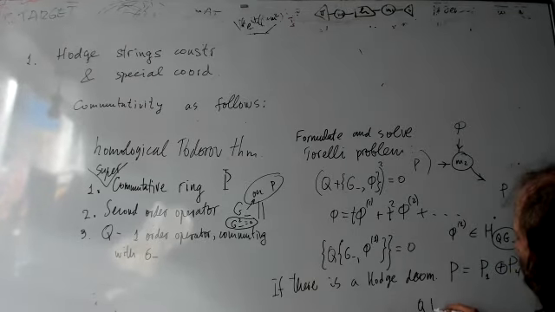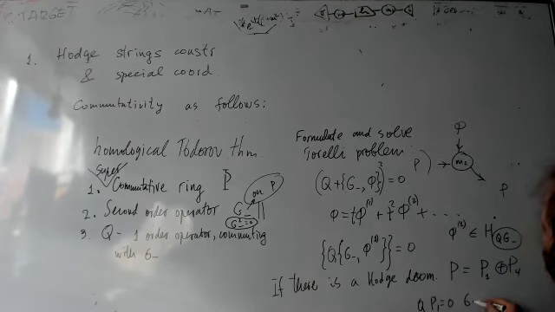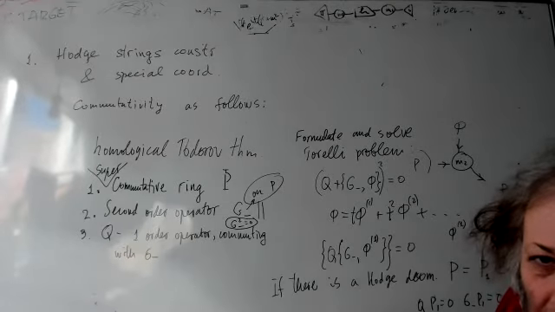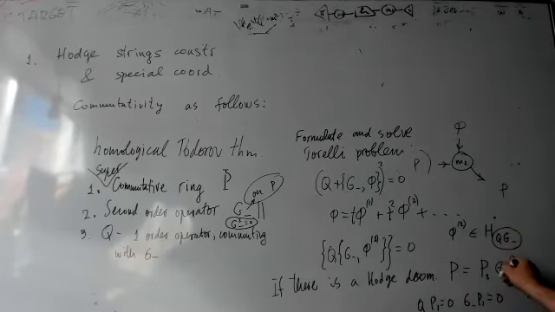Q on P1 is 0, G minus on P1 is 0. This is cohomology.